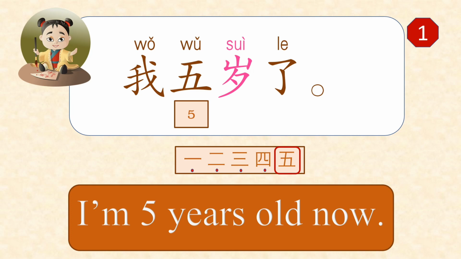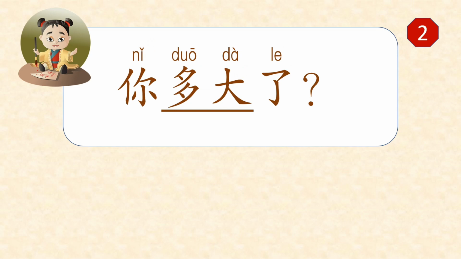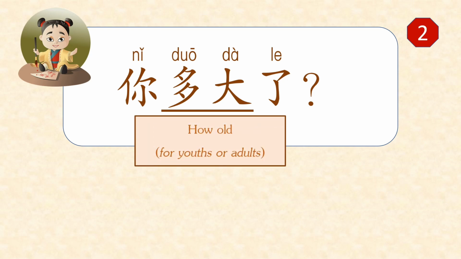Now let's have a look at the second type of how you ask the age of youths or adults. This way. 你多大了? You cannot use 你几岁了. You have to ask 你多大了. 多大 here means how old, but it is used for youth or adults. How old are you? 你多大了.